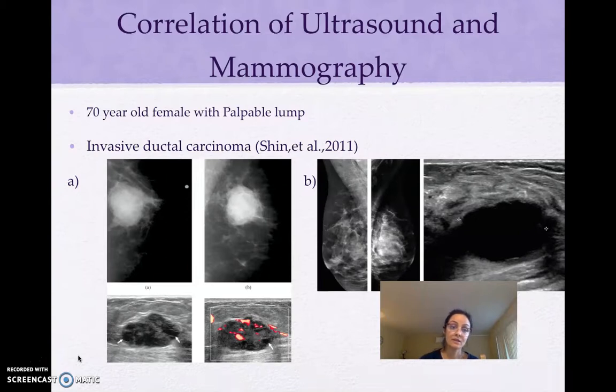The lower images are the ultrasound images, and you see that it looks like a solid lesion, and it's not cystic, and it has vascularity. Those colors inside of the image show the vascularity, so it is probably benign, probably malignant, which is BI-RADS 3.